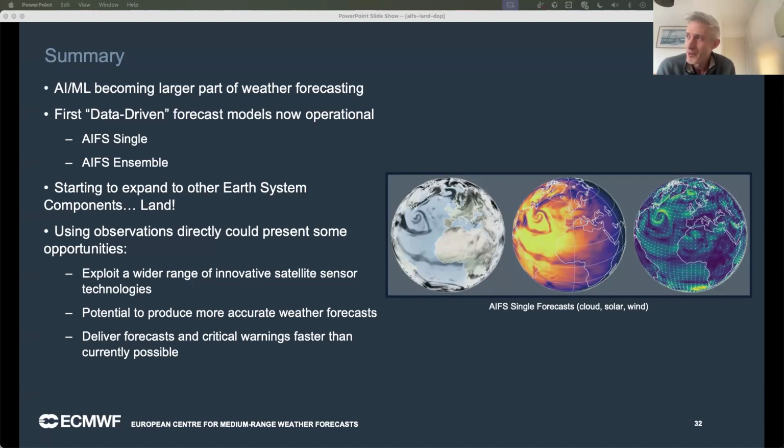When you think about the number of soil moisture probes we have, or the number of flux sites compared to what we have for, I don't know, 2 meter temperature, it's very sparse. But then equally, it's not too dissimilar to what we have for radiosondes, and we see very good generalization when we just train with the radiosondes as the upper air, and it produces atmospheric fields which are very good.